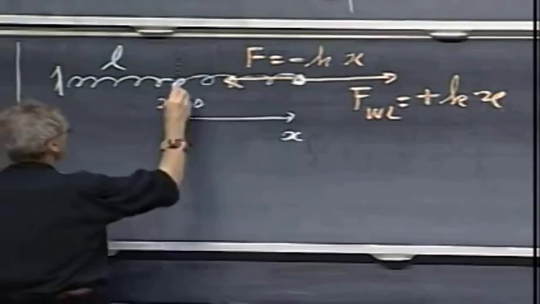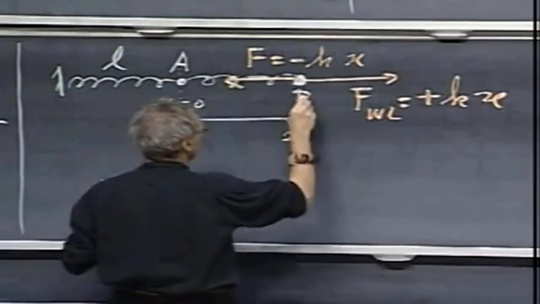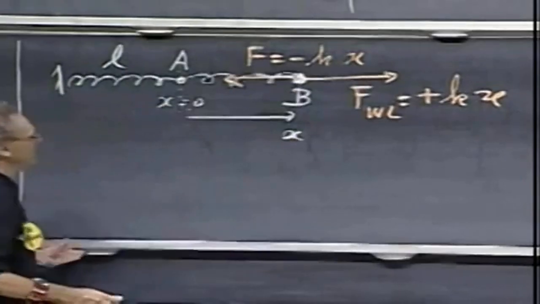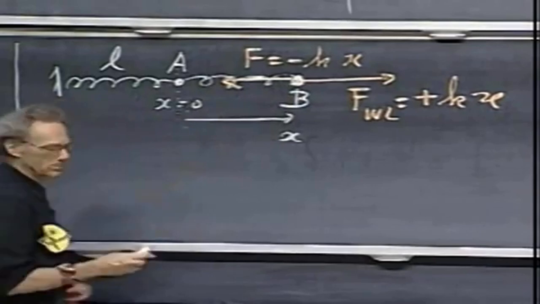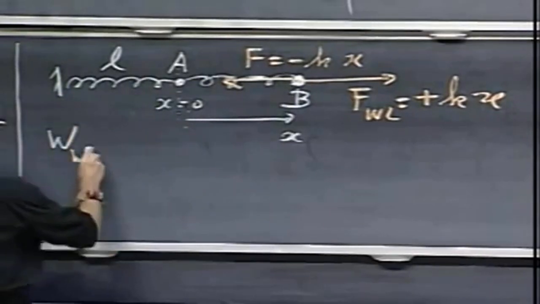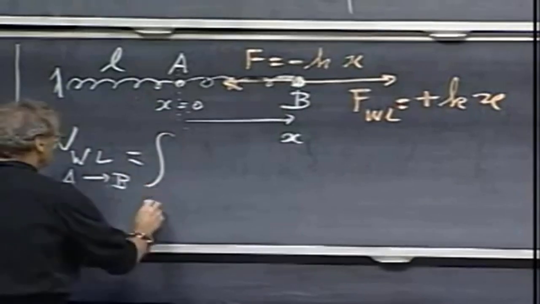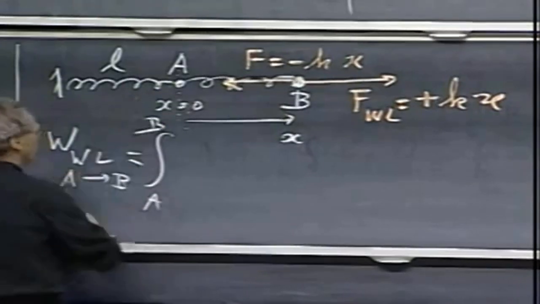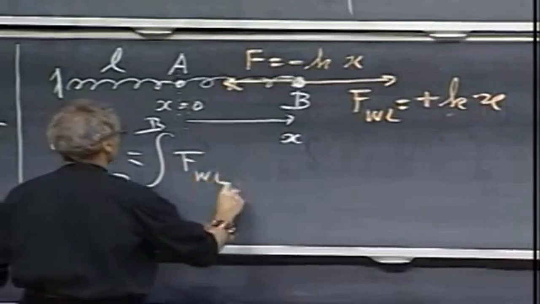If I call this point A at x equals 0, and I call this point B at x equals x, then I can calculate the work that I have to do to bring it from A to B. So the work that Walter Lewin has to do to bring it from A to B is the integral from A to B of my force dot dx.